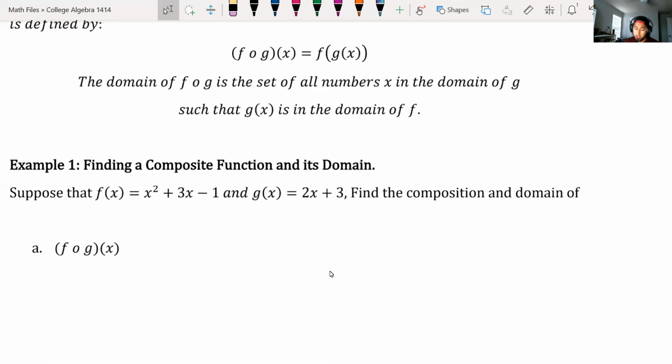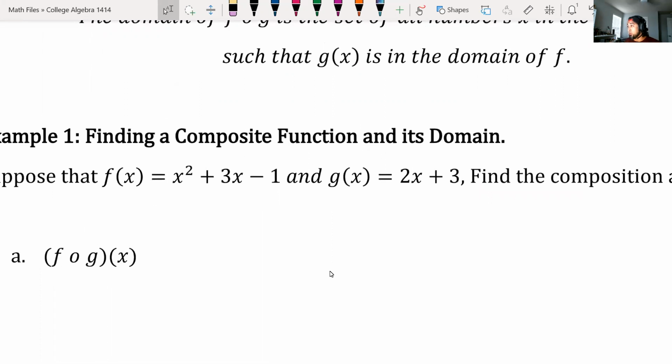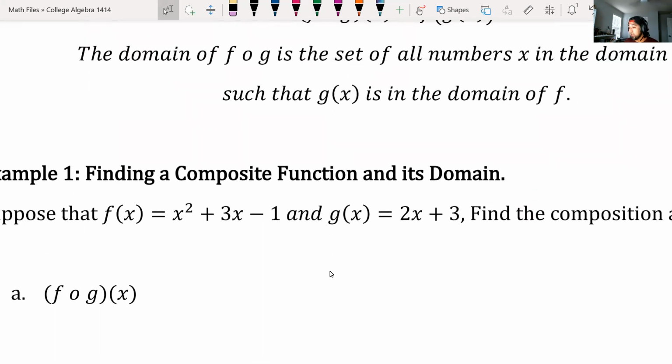All right, so let's go ahead and practice the compositions and finding domain. For example 1, we're given f of x equals x squared plus 3x minus 1, and g of x equals 2x plus 3. Find the compositions and the domains. First off, it's always easier to find the domains of the functions that were given and then do the compositions. So f and g are actually polynomials. This example is going to be really nice.